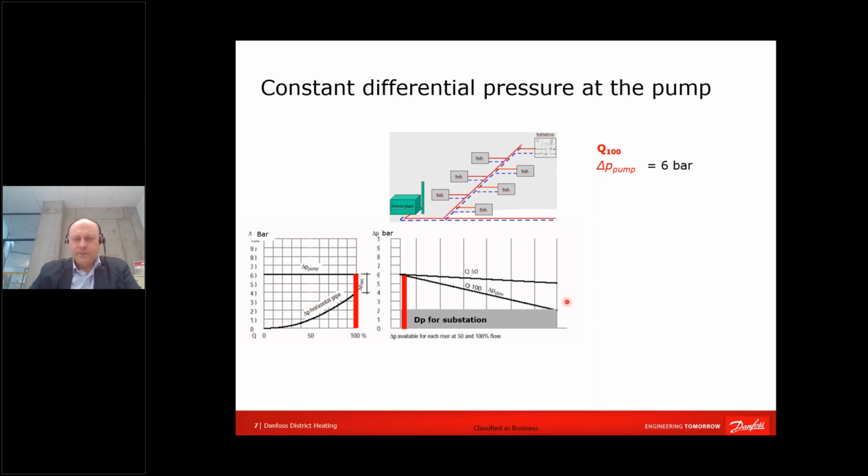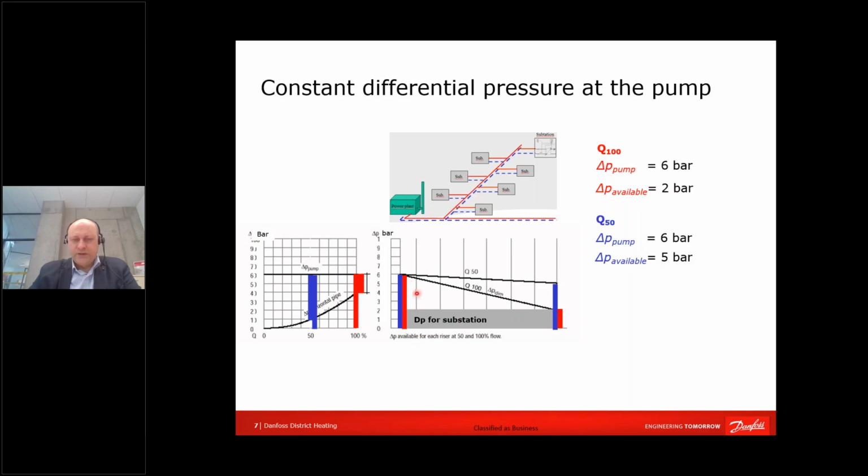So we see that at 100% flow, we have delta P in the station of 2 bars, and when we go to 50% flow, differential pressure in the station is increasing to 5 bars. So 5 minus 2, we have an excess of 3 bars.